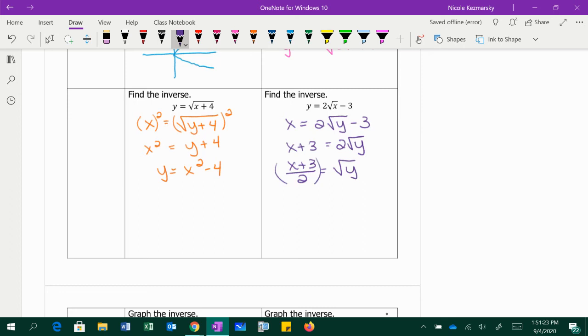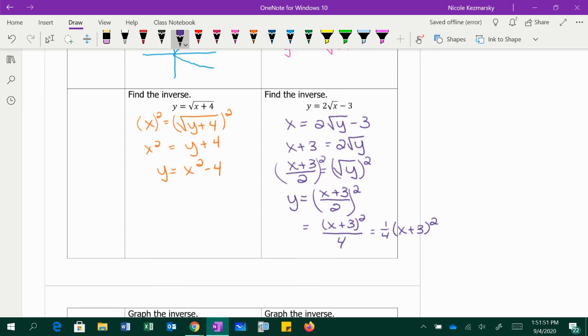I'll square both sides and end up with y equals ((x plus 3) over 2) squared. Or if you wanted to, you could write it as (x plus 3) squared over 4. Or if you wanted to, 1/4 (x plus 3) squared.